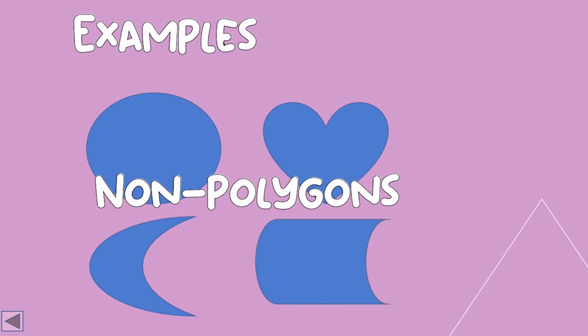A polygon has three or more angles, it has vertices, and it is also a closed figure. As you can see, these shapes are curved. This is not a straight line. And the last figure has a line, but it also has a curve. So that is a big X. It's not a polygon.